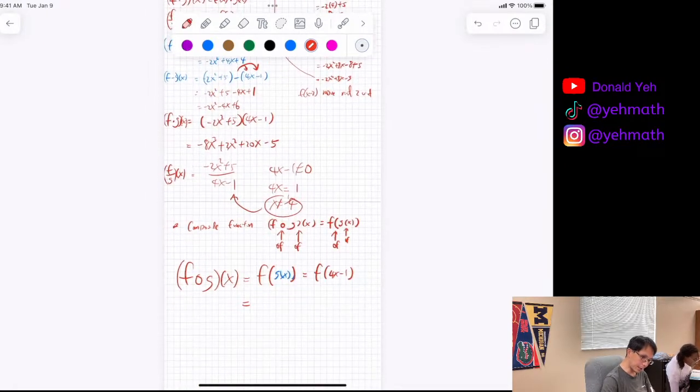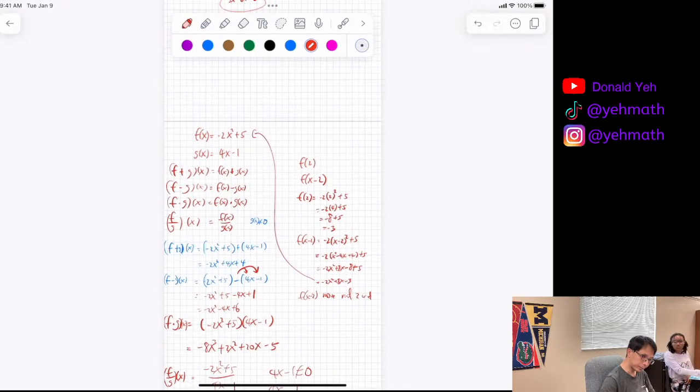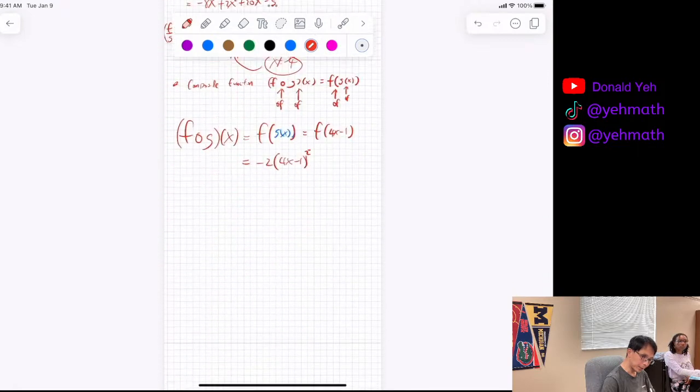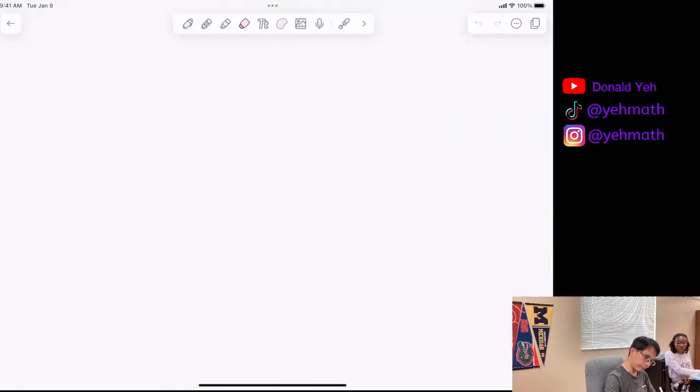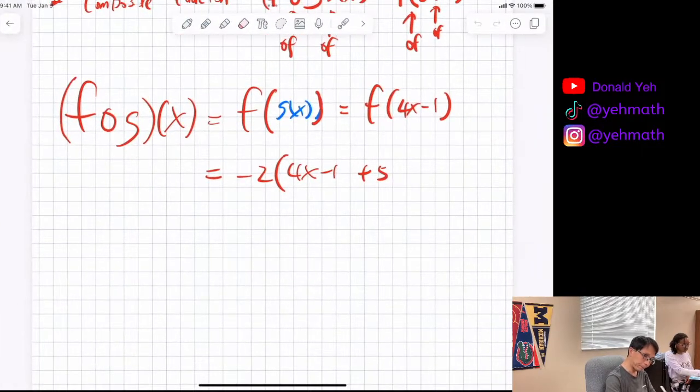We're going to say negative 2 times 4x minus 1 squared plus 5. Is that okay? And you guys know how to simplify this part, right?